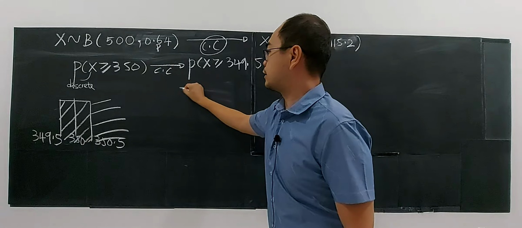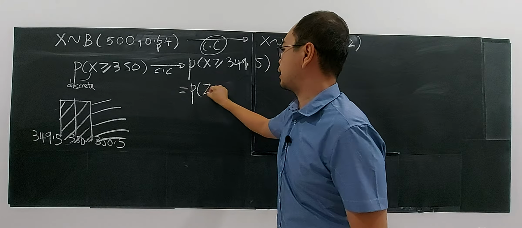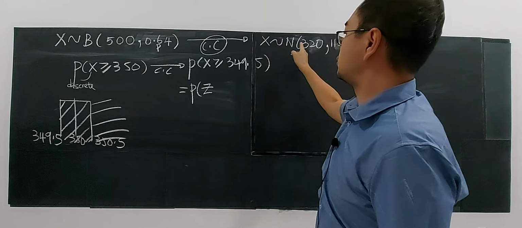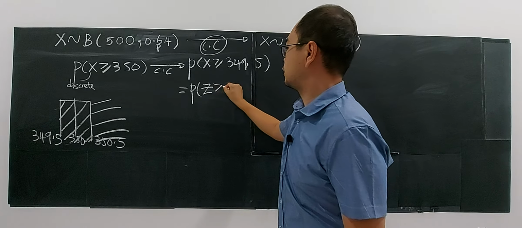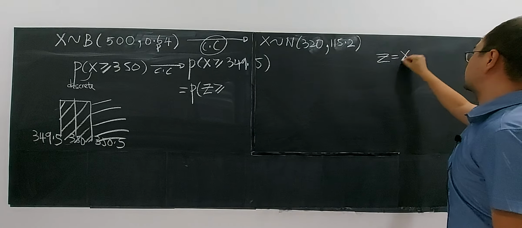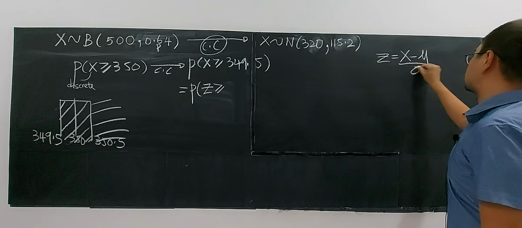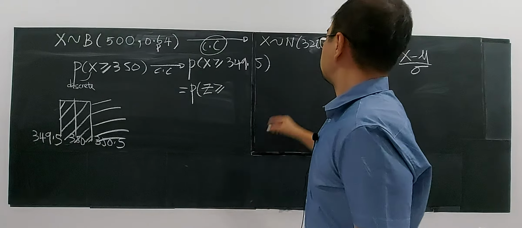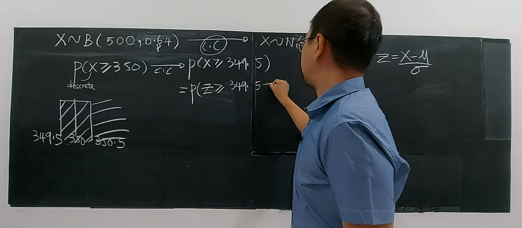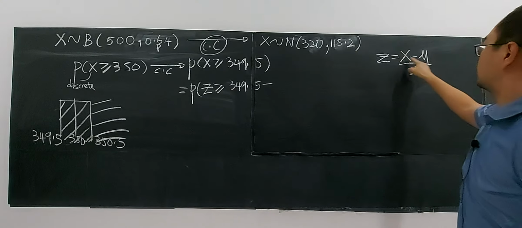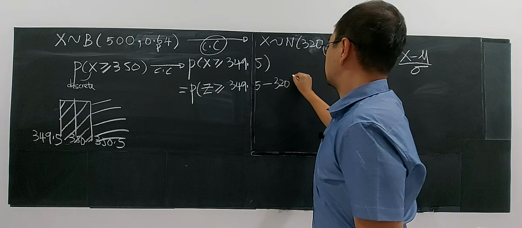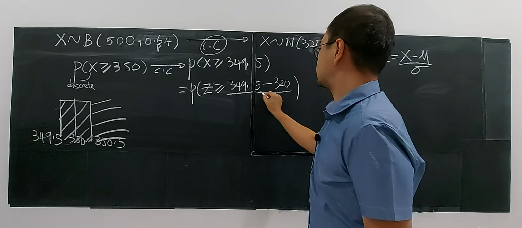Now I can convert this to normal. I am not using discrete anymore, I am using the normal distribution. Do you still remember that I have to standardize the score? I take 349.5 minus the mean, 320, divided by the standard deviation.